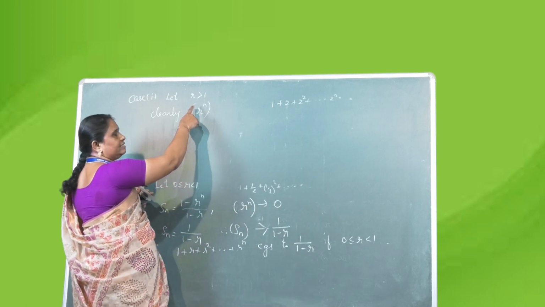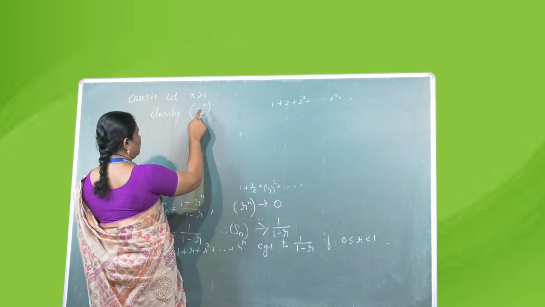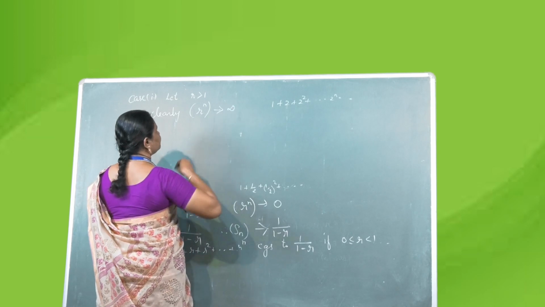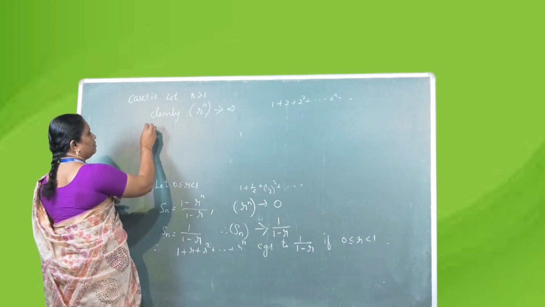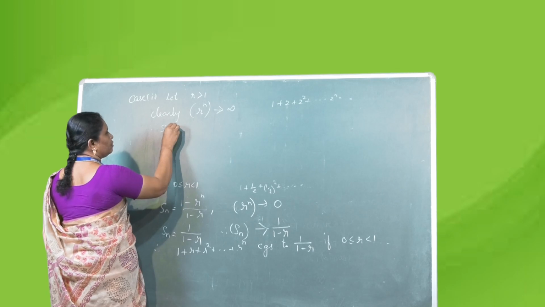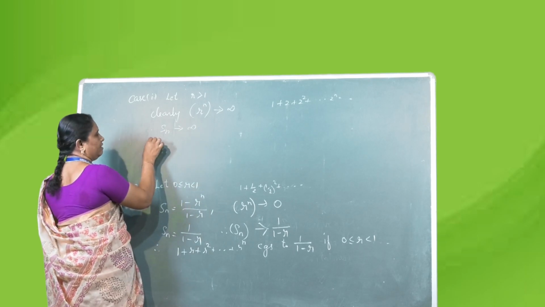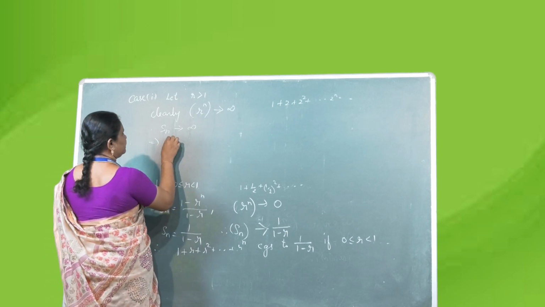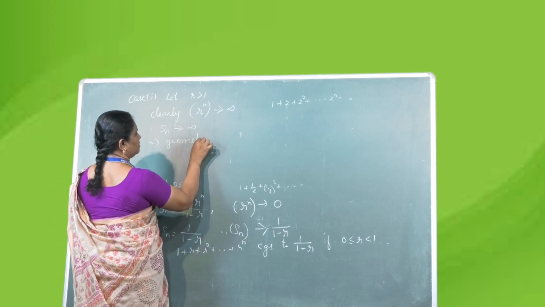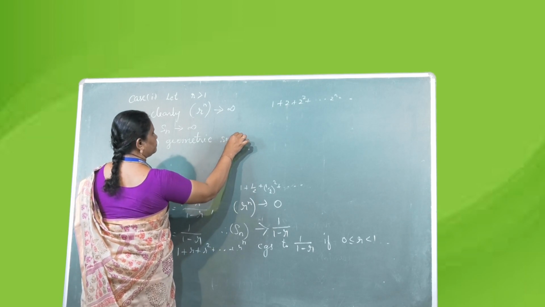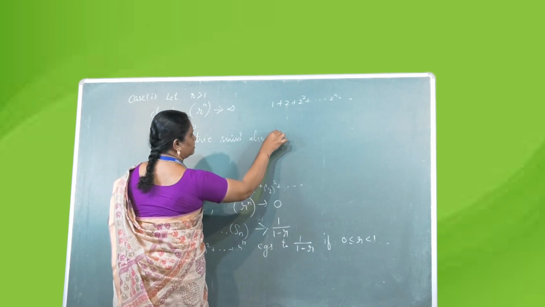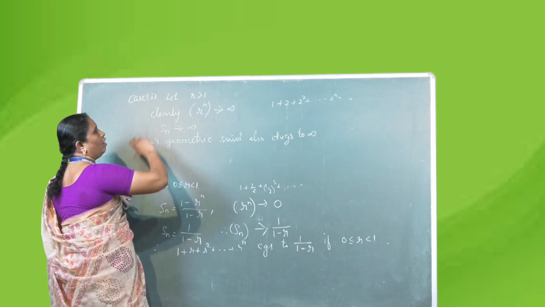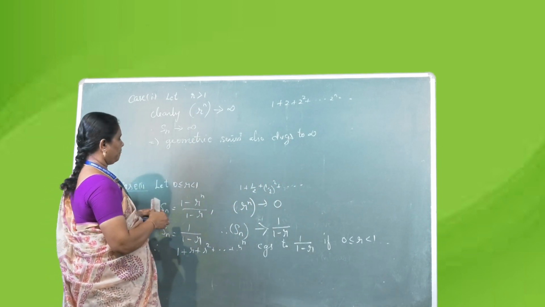Clearly the sequence r power n diverges to infinity. Therefore sn also diverges to infinity, and finally it implies the given geometric series also diverges to infinity if r is greater than 1.